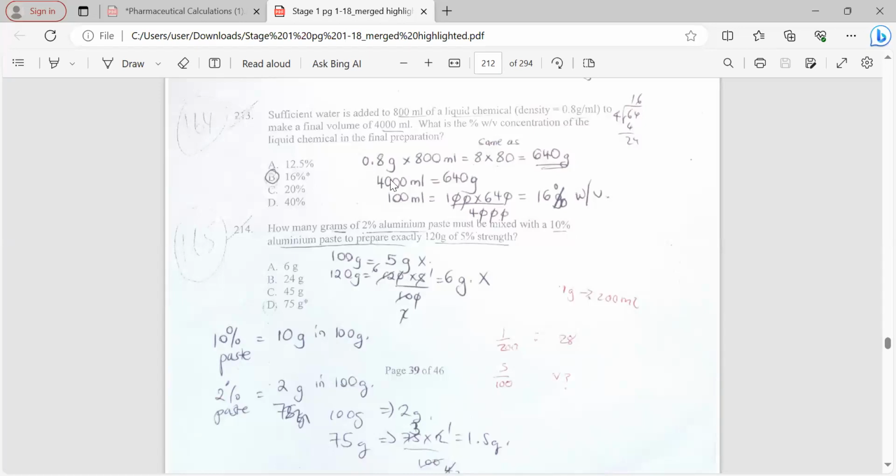So 20 ml of the liquid chemical, and its density is 0.8 grams per ml. So what is that 20 ml in grams? Can you repeat again?